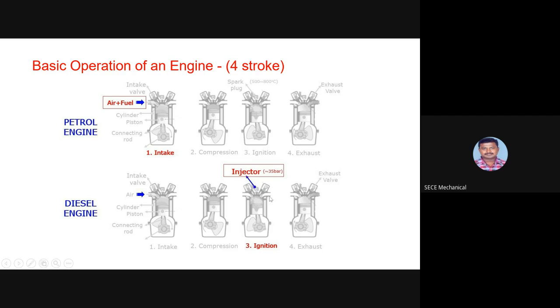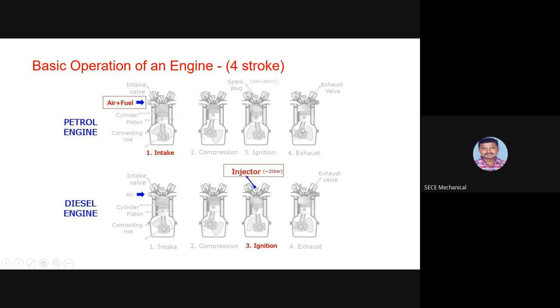Due to the high temperature and high pressure of the air present in the combustion chamber, when we spray fine droplets of diesel into the combustion chamber, it ignites by itself automatically. The combustion process takes place, and the piston comes from top dead center to bottom dead center.